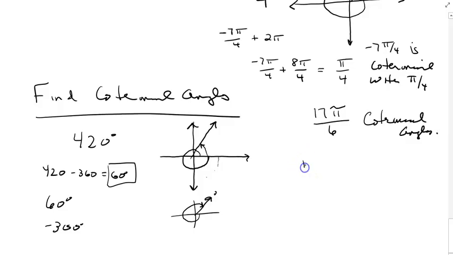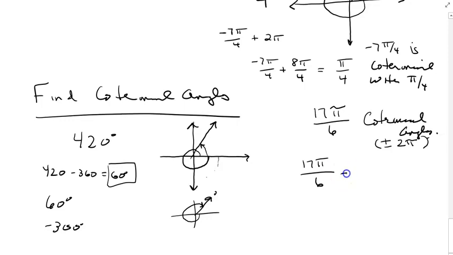Well, to get a coterminal angle, as we saw with the degrees, we could just add or subtract 360 degrees. But in this case, I could add or subtract 2 pi. Every time we do that, we're going to get a coterminal angle.